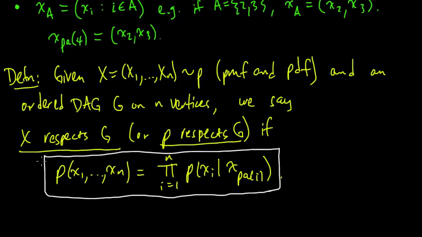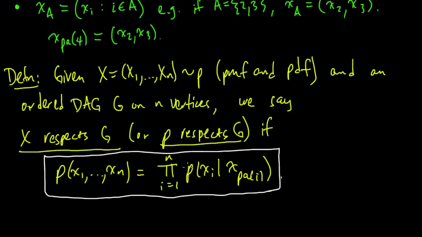This definition formalizes the notion that we were developing before of the relationship between a directed acyclic graph and a probability distribution, because any probability distribution satisfies this for some directed acyclic graph. We'll see later why that's the case.